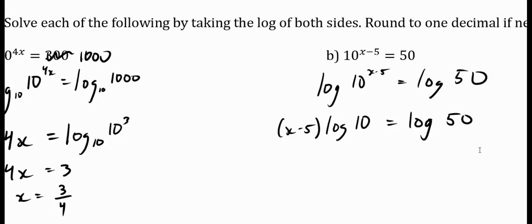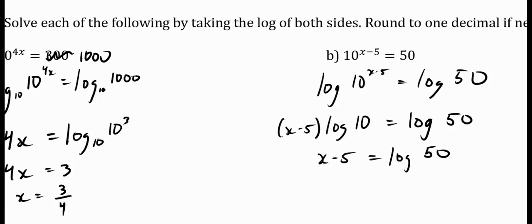Okay, and hopefully you got something like that. So you take the log of both sides. And the log base 10 of 10 is 1. So now I can do x minus 5 equals log of 50.